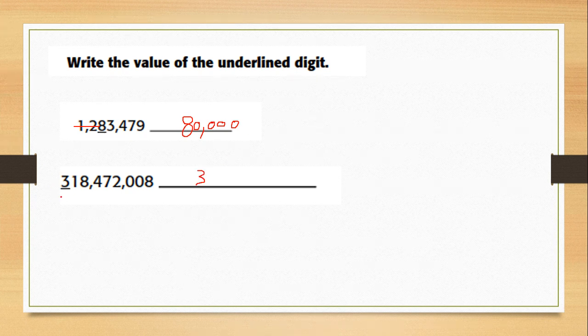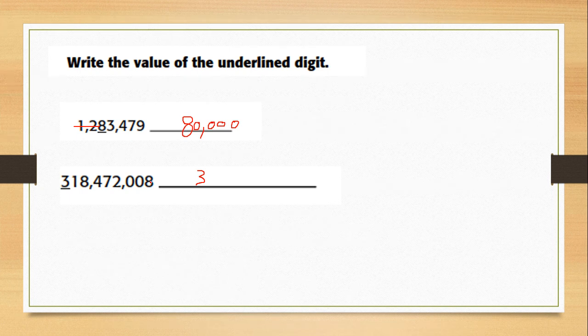Do we have any number after 3? No, that's great. Let's count how many digits before 3. Come on, count with me. 1, 2, 3, 4, 5, 6, 7, 8. So we have 8 digits.